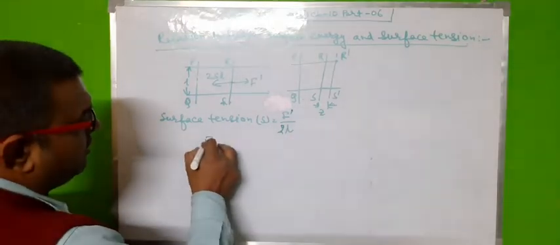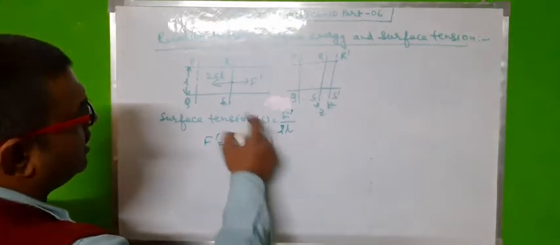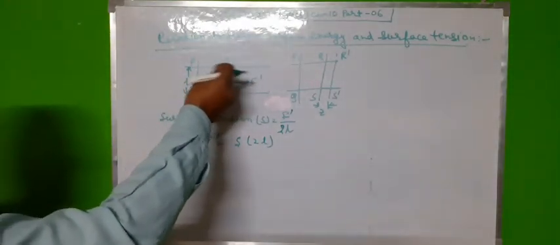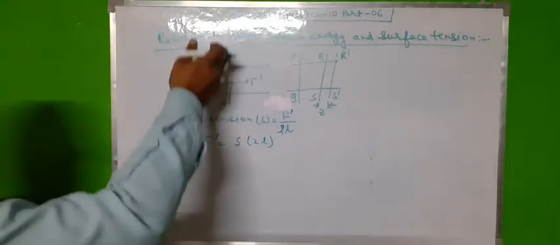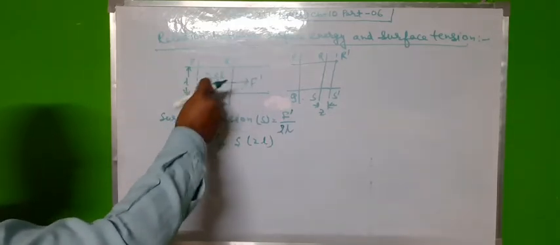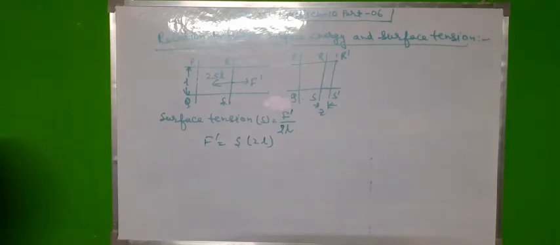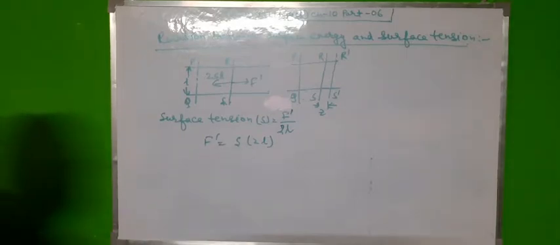So from here F dash is equal to S into 2L, which is the restoring force experienced by the liquid layer to work against this F dash which is applied on RS. So F dash is equal to S into 2L.